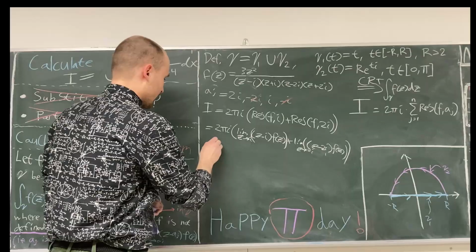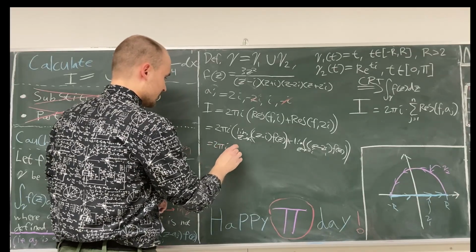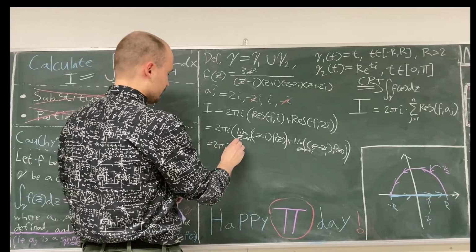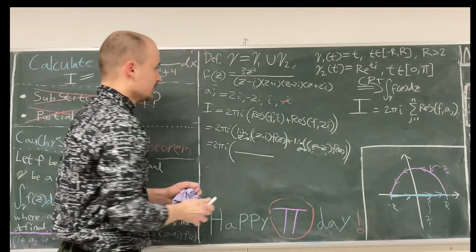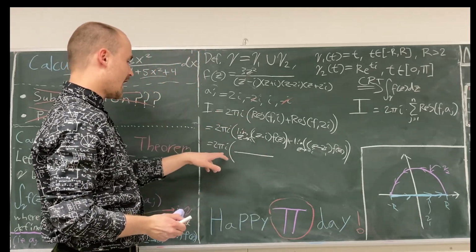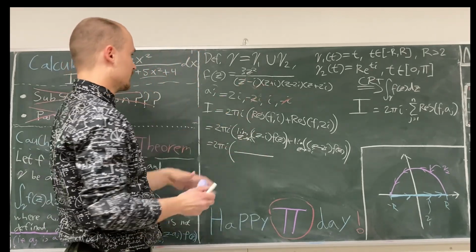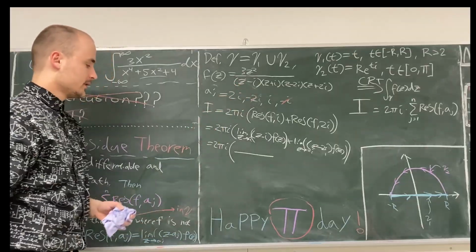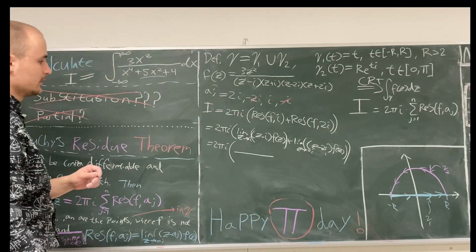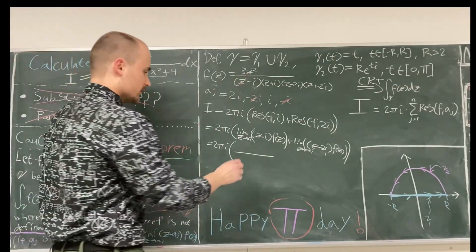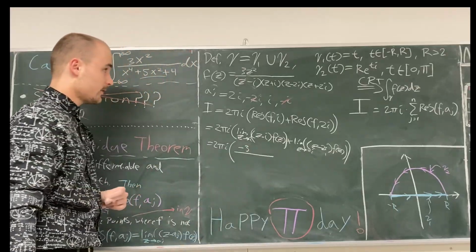So we're left with 2 pi i. And then we insert i into f without this first factor. So when we insert i in the numerator, we get minus 3.